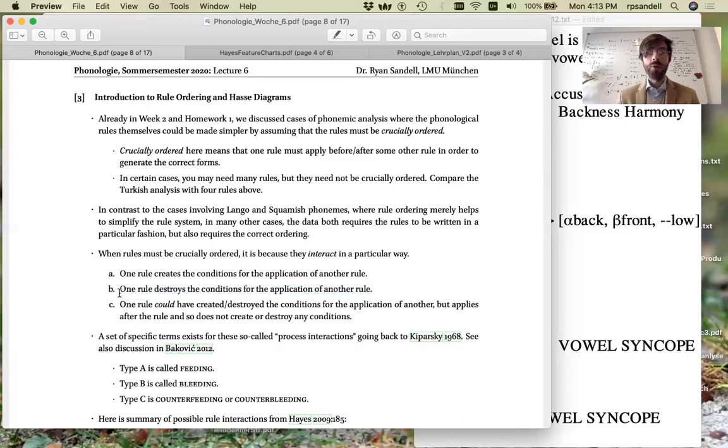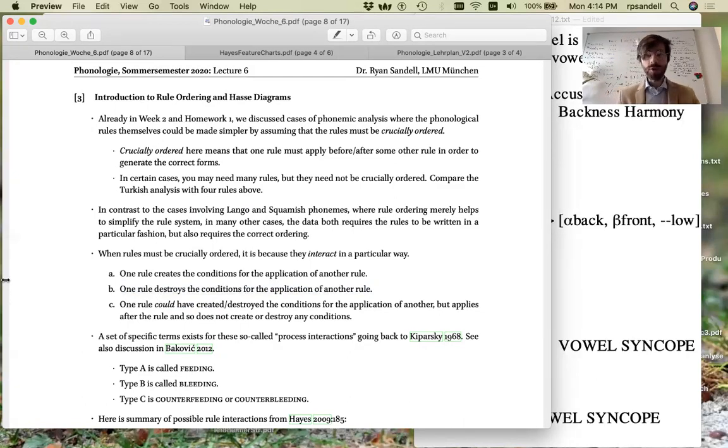There are possibilities where one rule had the potential to create or destroy the conditions for the application of another, but because a rule applies after another rule, it doesn't have that effect of creating or destroying the conditions.